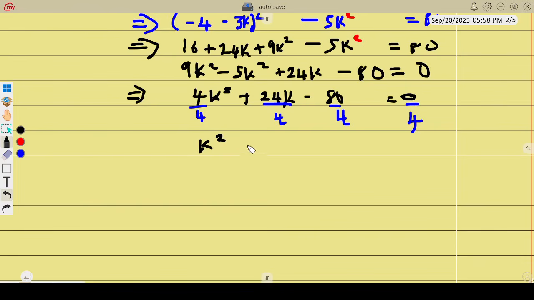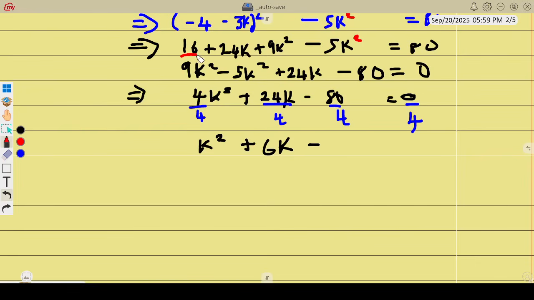So k squared plus 24 divided by 4 should be 6, minus here 80 divided by 4, is it 20? These silly mistakes can be quite costly.